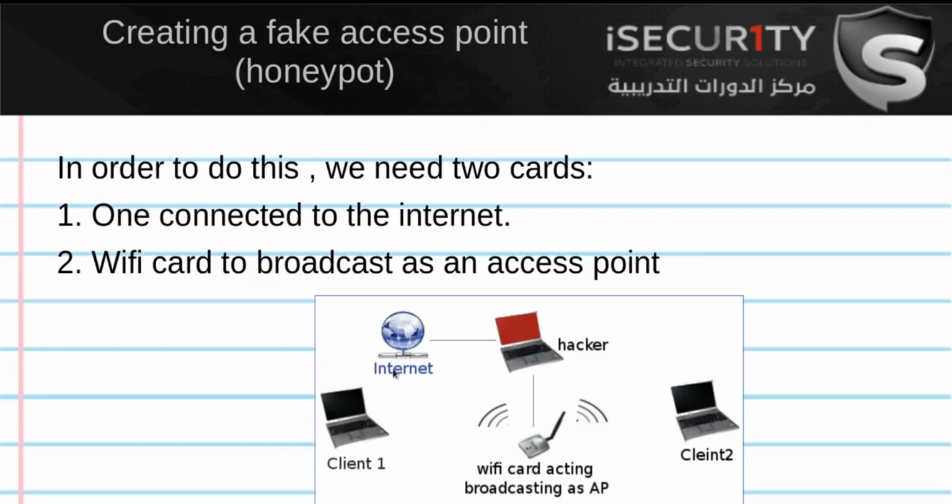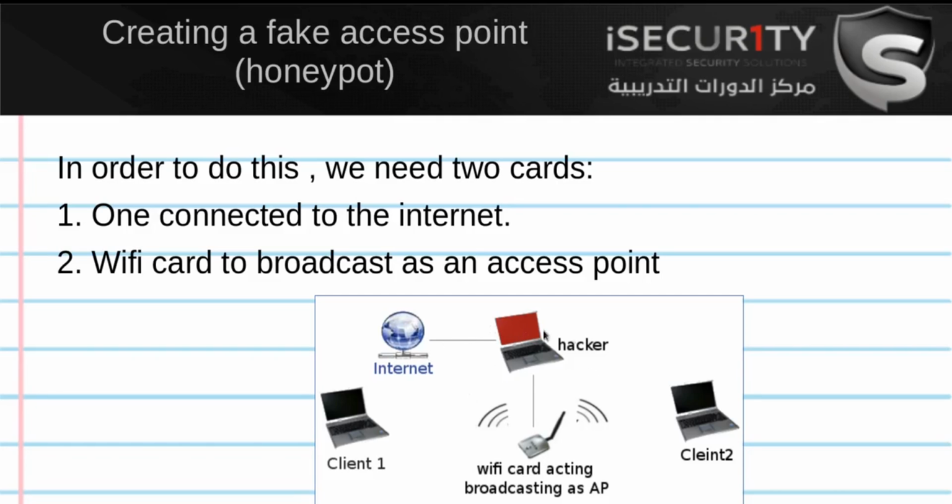It could be a 3G card, a wired card, or a wireless card. All we need is a card that is connected to the internet. Then we're going to need a second card, and that card has to be a Wi-Fi card. This second Wi-Fi card is going to be used as the access point, to broadcast the signal of the access point.